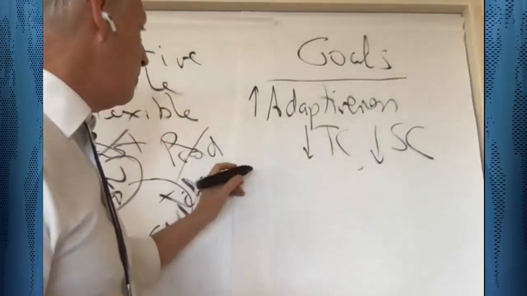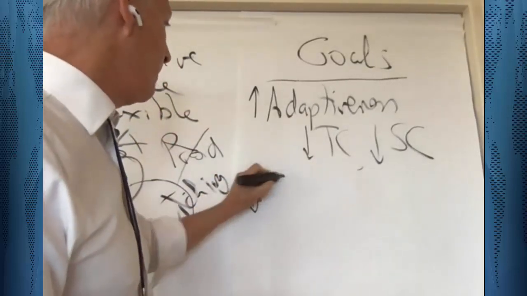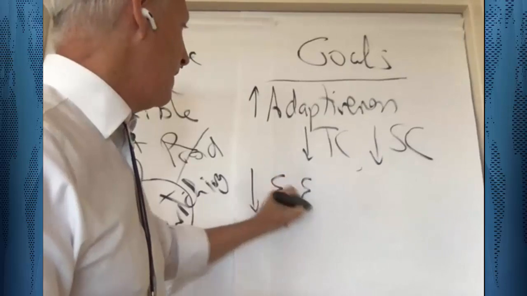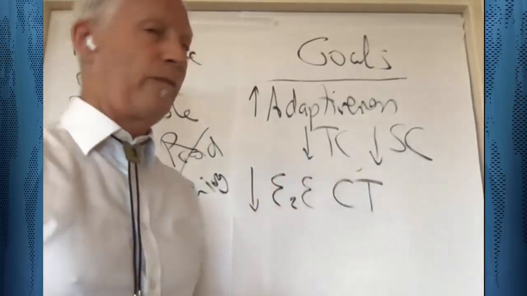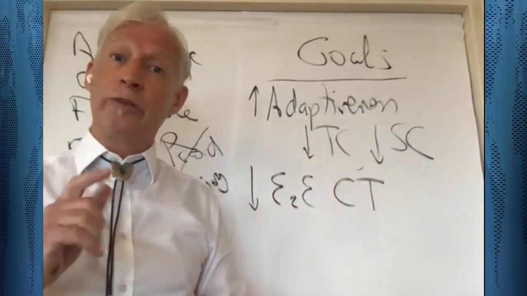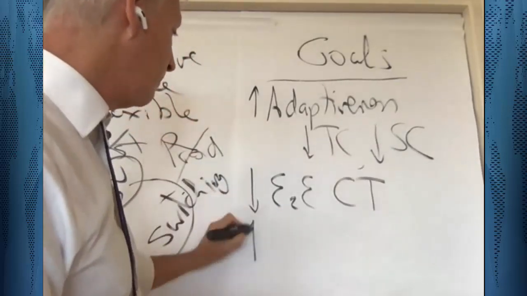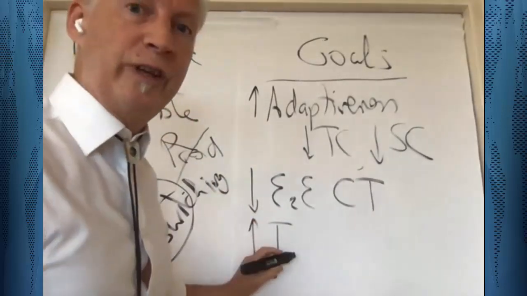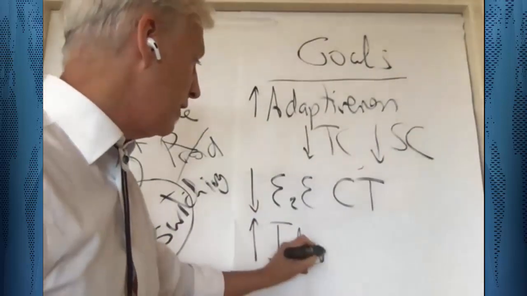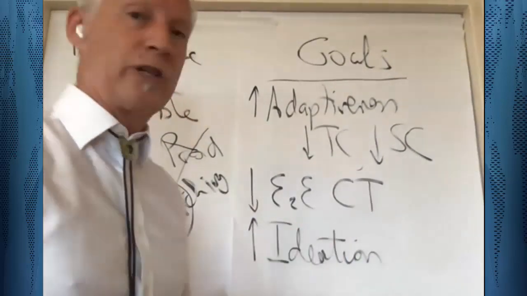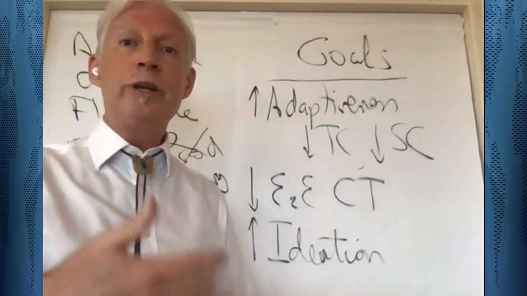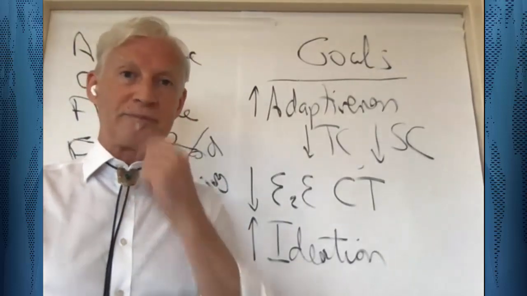Another possible goal is, for example, lowering end-to-end cycle time from concept to cash. Notice that's not the same thing as adaptiveness. Moving on, another possible goal could be increasing ideation, the generation of ideas in the service of innovation. And we could go on with other goals as well.